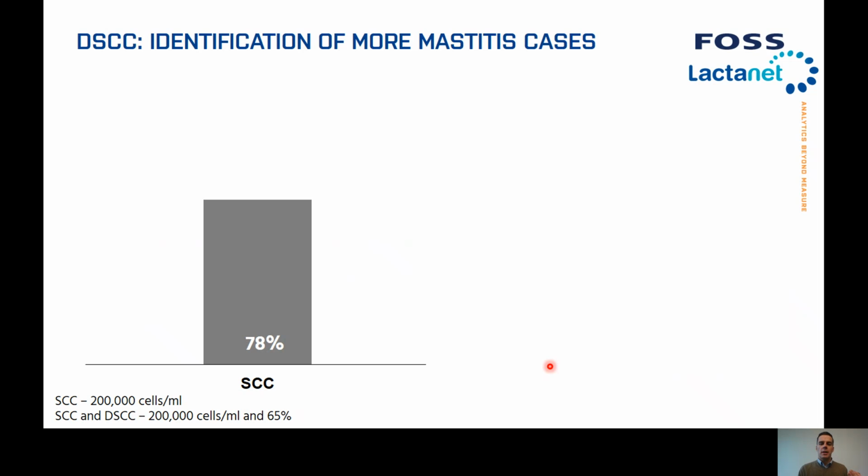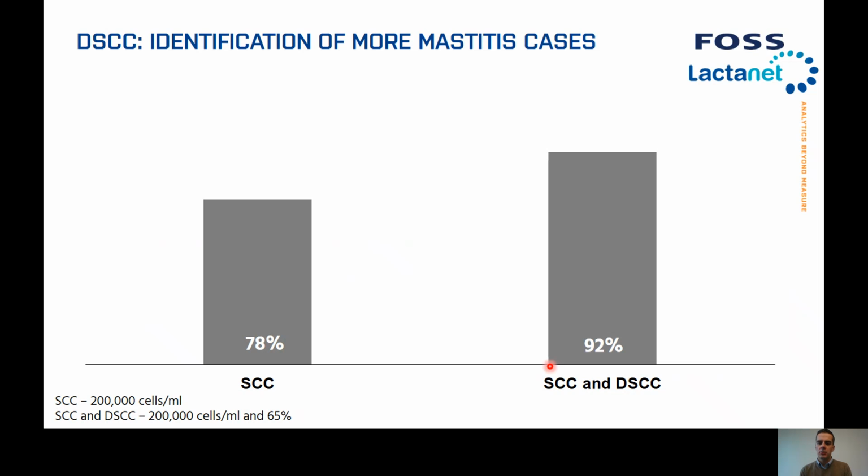So we had the reference health status of the cows available. We worked with a total somatic cell count threshold of 200,000 cells per milliliter and found that in 78% of cases, we can identify sick cows as sick when we work with somatic cell count only.